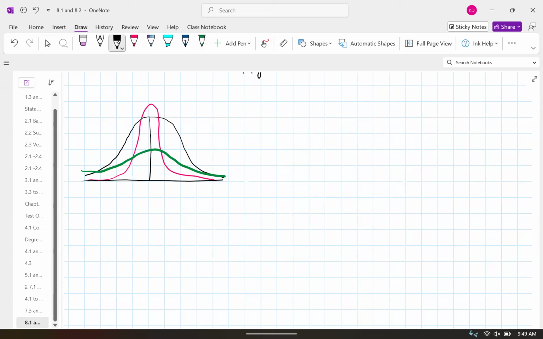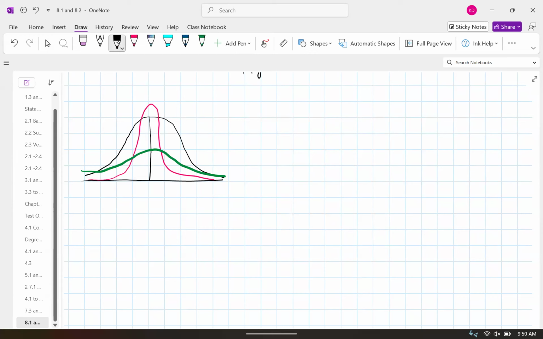The black one is kind of our standard, or what we think of as our normal, for lack of a better word. The pink one says we have a lot of cases really near the center and very few that are far away. The green one says they're more evenly distributed. Things are spread out a lot more. But those are all normal, so we have to compare what we're thinking about with that.